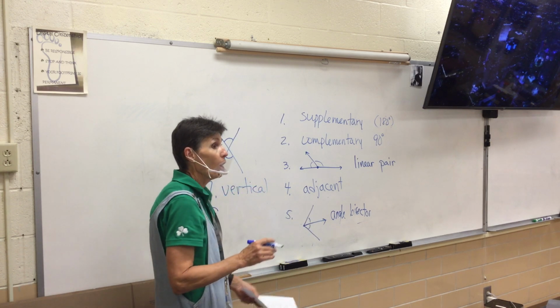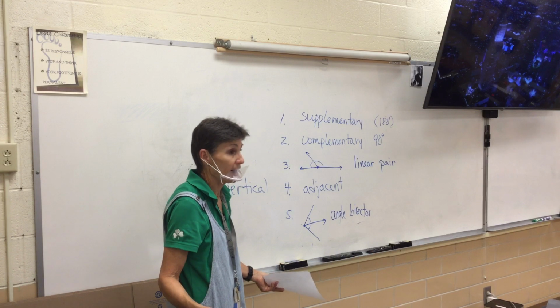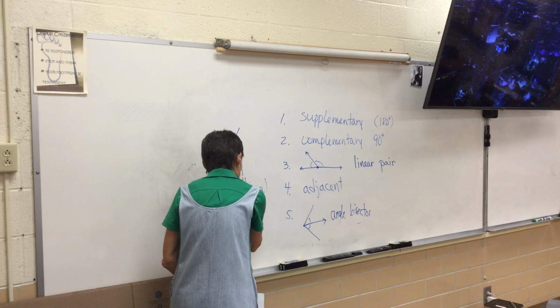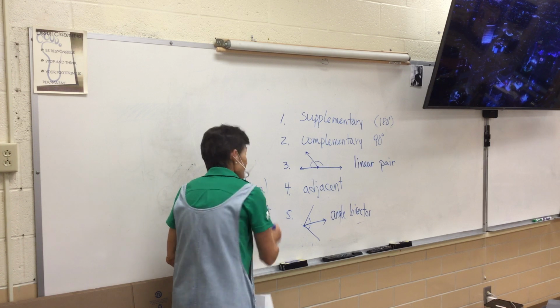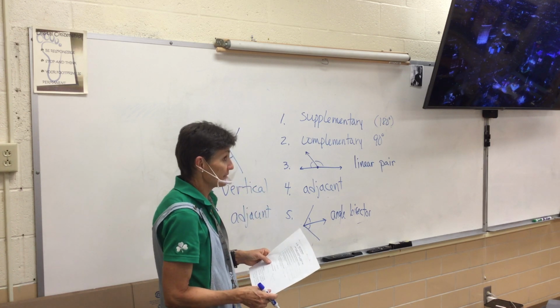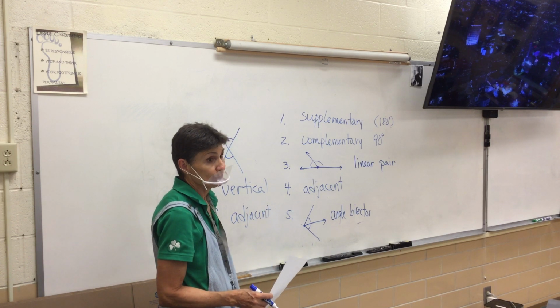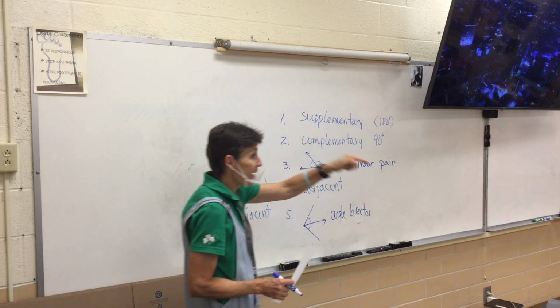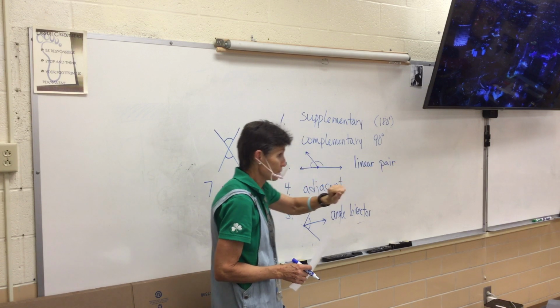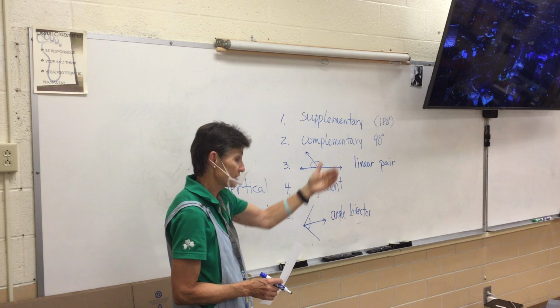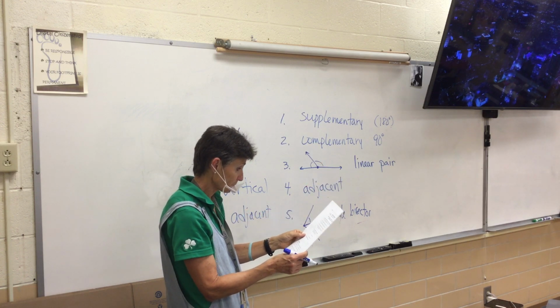And if they always share a side, adjacent. Adjacent means next to. They share a side. How many of you have a fenced-in backyard? Okay. That fence is shared by you and your neighbor. It's adjacent to you and your neighbor.